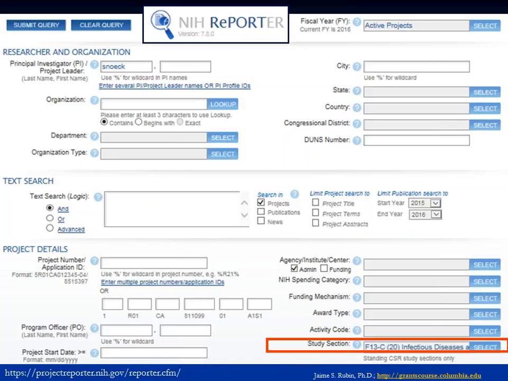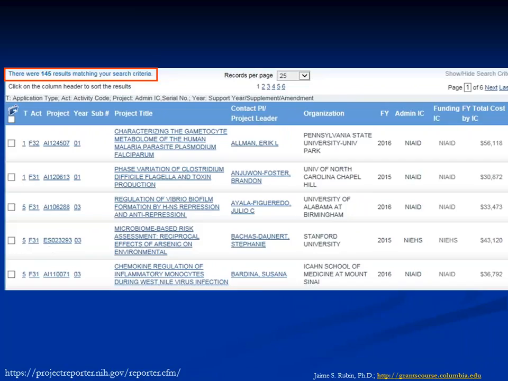So as an example here, if you look at the bottom right around the red box, you'll see that I selected the F13 study section that we were just discussing, and then I hit enter, and what came out was a listing of 145 different fellowships that were reviewed successfully by this study section.